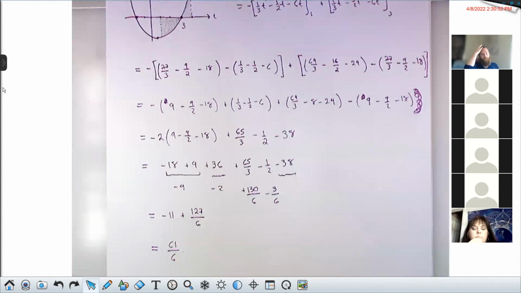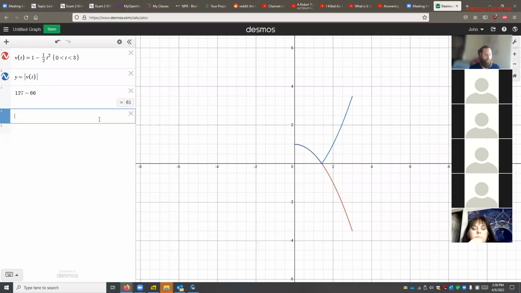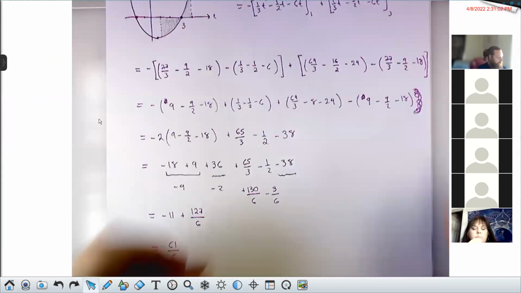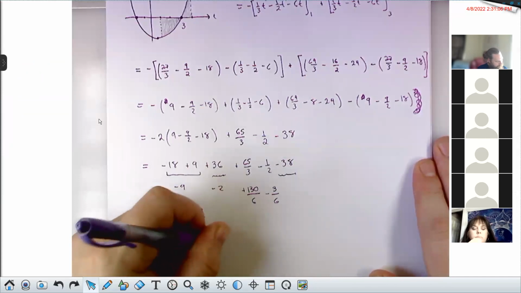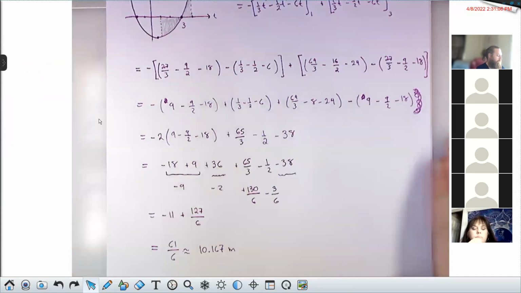All right, just a little bit more than 10 meters, right? 10 and 1/6 meters. 10.16 repeating meters. A question like this should always end up positive, right? Yes. Distance traveled necessarily will be positive.